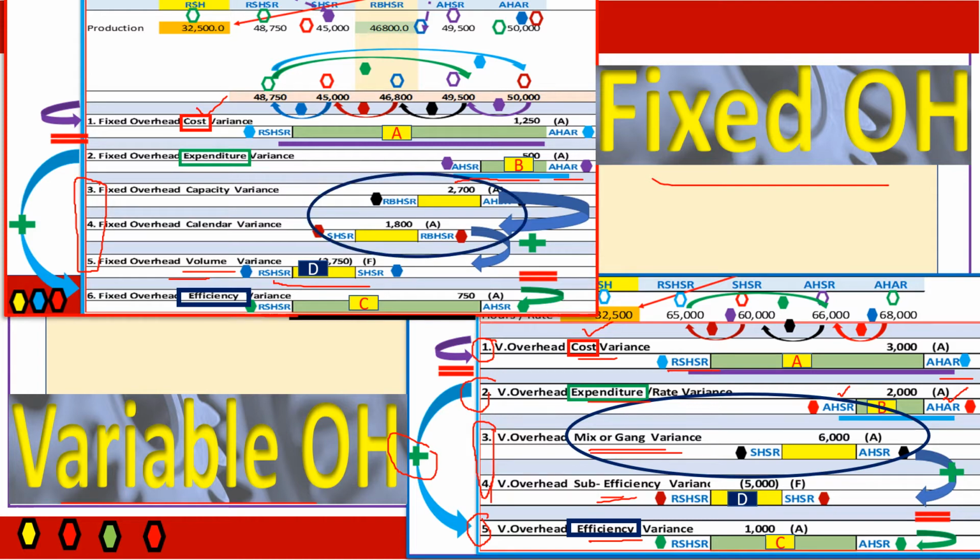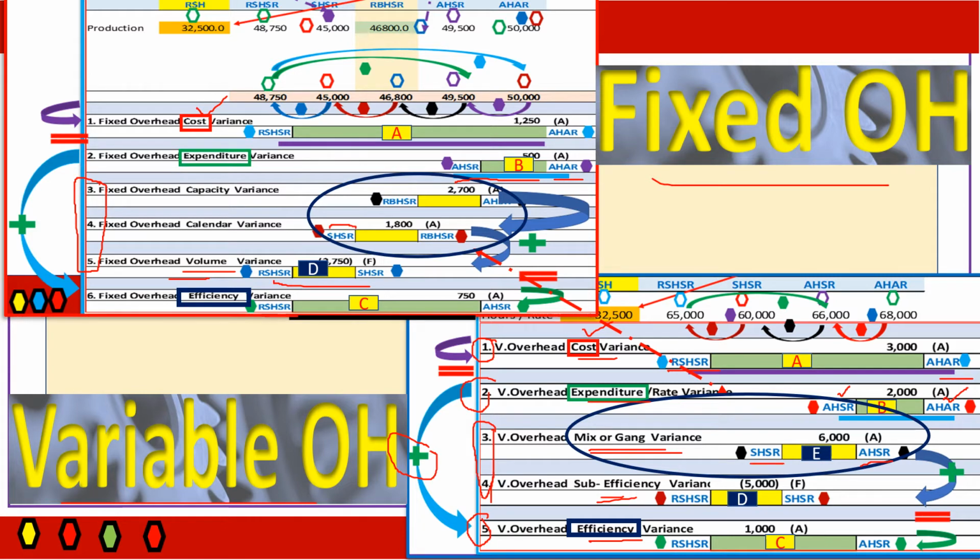of mix variance. In case of mix variance for variable overheads, the formula is the difference between actual hours into standard rate and standard hours into standard rate, SH-SR and AH-SR.